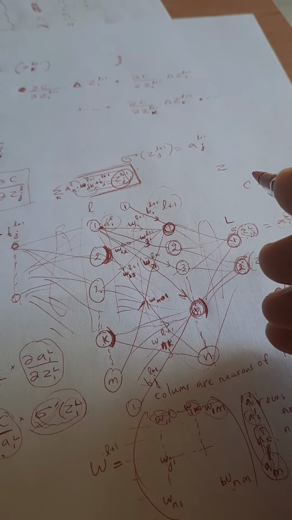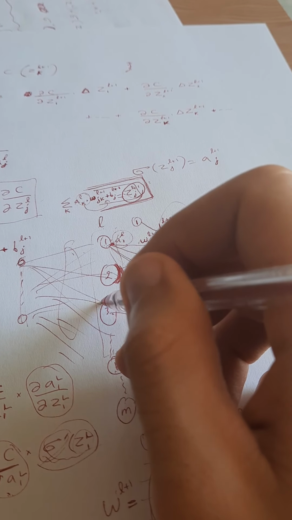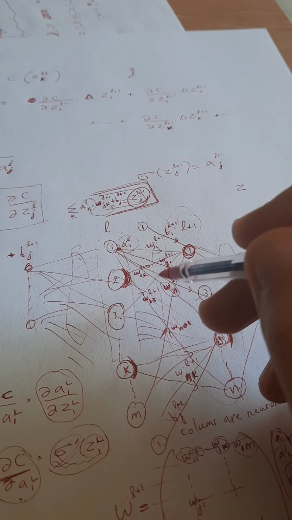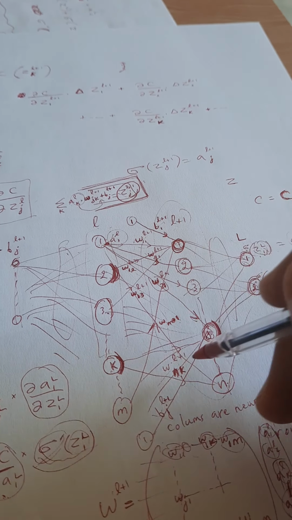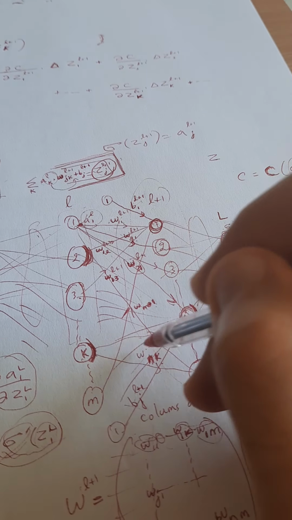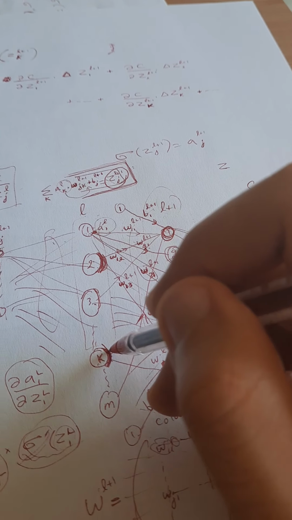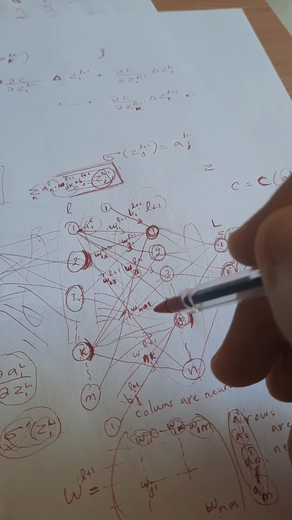Now, if you think well, for example, from this K neuron, we have W1K, W2K, W3K, W4K, WJK.